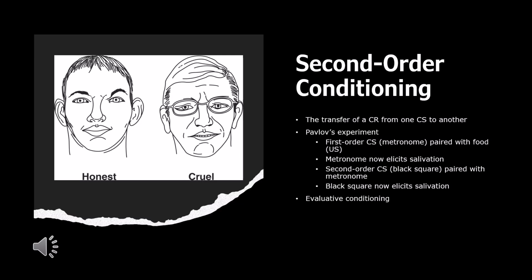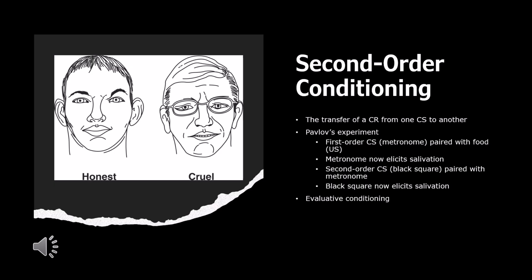Second order conditioning is when we see a transfer of a CR from one CS to another. A CR transfers to a new CS by pairing it with a well-trained first order CS, and so there's no unconditioned stimulus present.